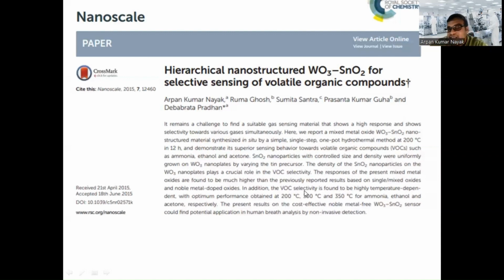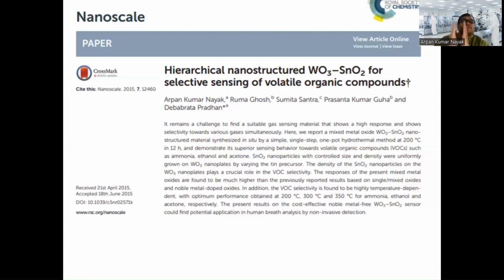And then our finding, like here you can see 200 degrees centigrade, the optimum responses, the best results which we observed, we mentioned here. You can see 200, 300, 350 degrees centigrade for the sensing of ammonia, ethanol and acetone. So the final result that we observed, we mentioned it here.